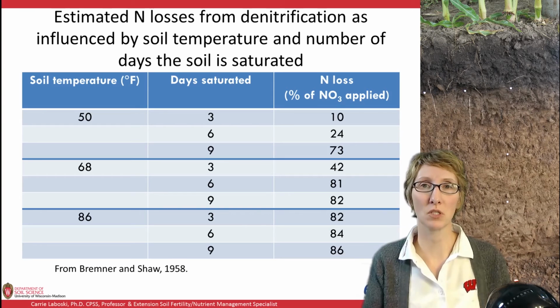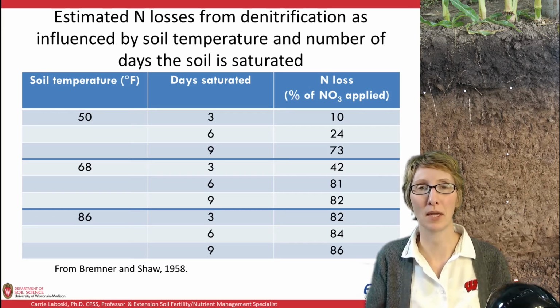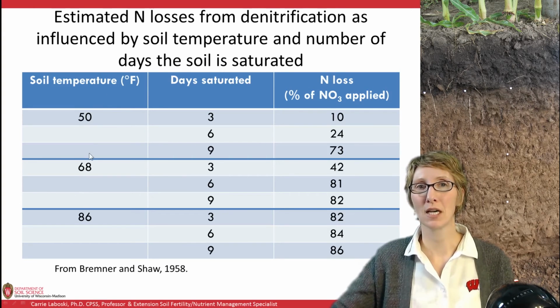Now granted, this study was done with one soil as it was reported, but it gives you an idea of what's happening. And when we think about overall nitrogen management, if you've had heavy rainfalls and water's been laying on the soil for a couple days, you need to stop and think, what's the soil temperature? Often we see wet conditions in the early spring and soil temperatures, maybe they're above 50, but maybe they're nowhere near 68 yet.